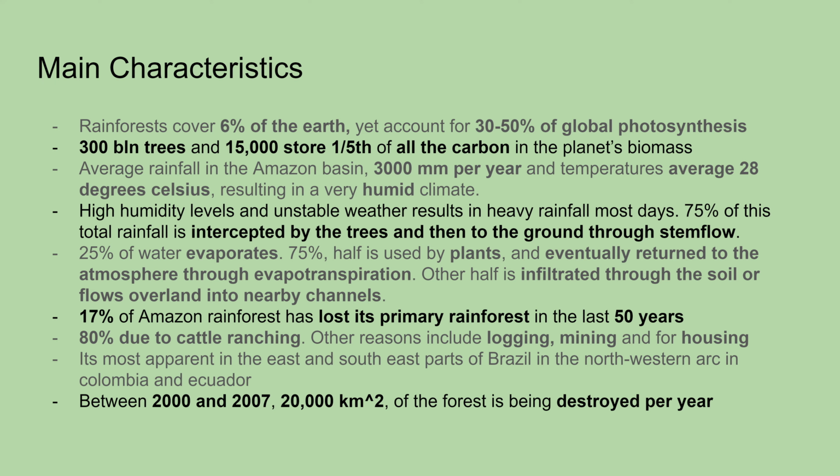This loss of primary rainforest is mostly apparent in the east and southeast parts of Brazil, in the northwestern arc in Colombia and Ecuador. Anyway, between 2000 and 2007, 20,000 square kilometers of the forest was destroyed per year.